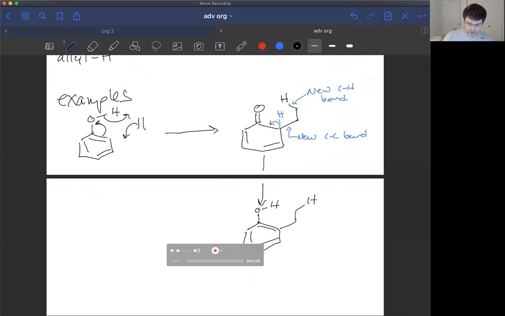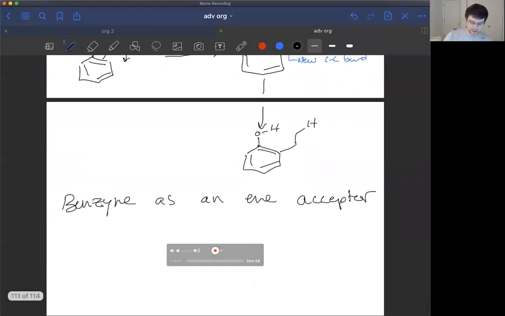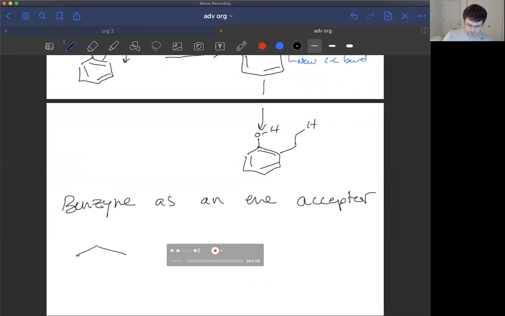pericyclic in nature is benzyne as an ene. I'm going to call it just an ene acceptor, because it's not the allyl hydrogen, it's the thing reacting with the allyl hydrogen. Now, benzyne, if you recall, is benzene with a triple bond. Now, the triple bond is highly strained, right? Triple bonds we typically like to think of as being linear in nature.